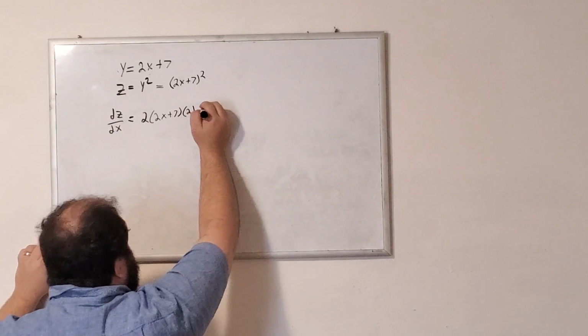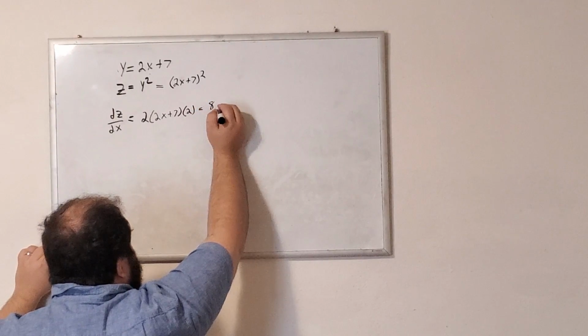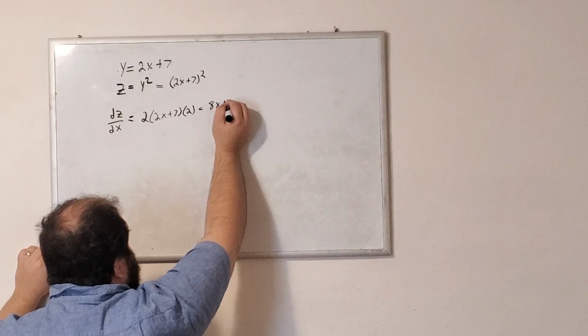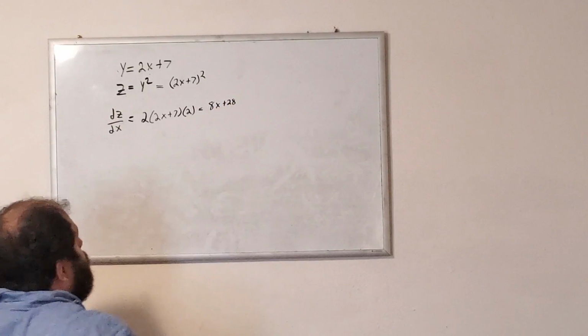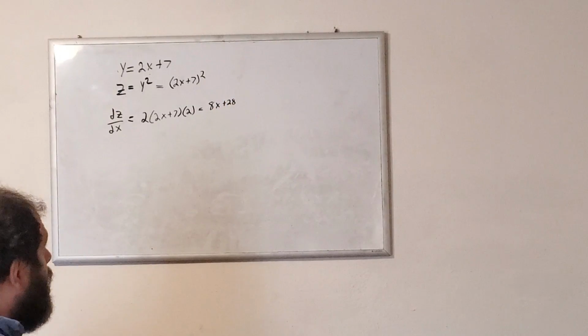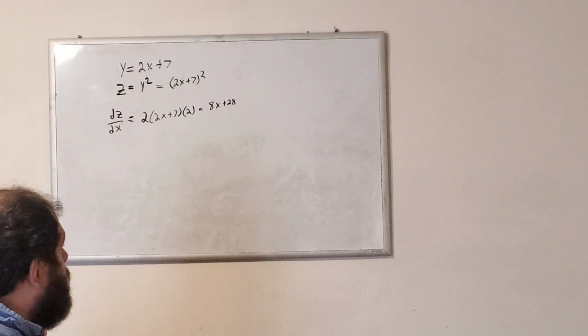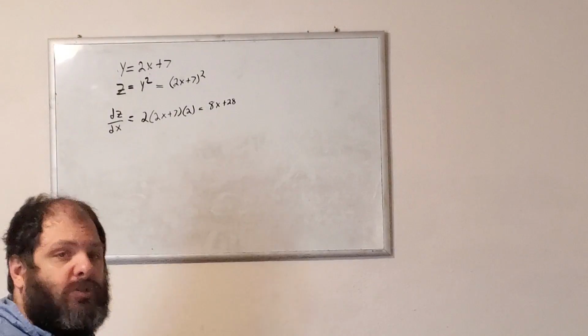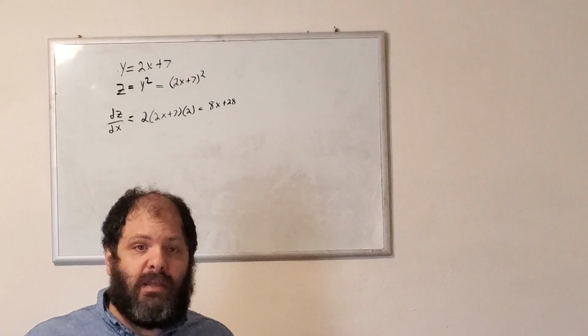And so this would be equal to 8x plus 28. Okay. That's one way, and that's using strictly techniques that we've already seen.